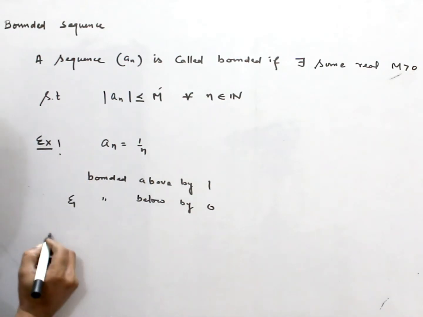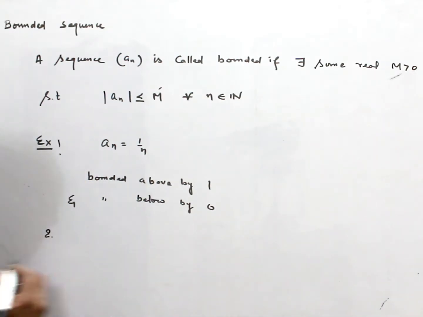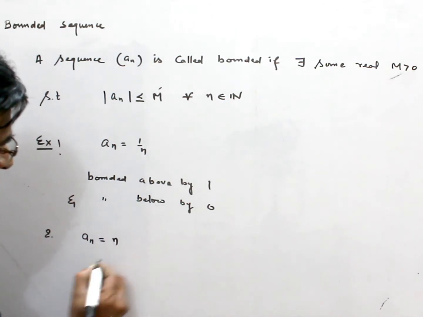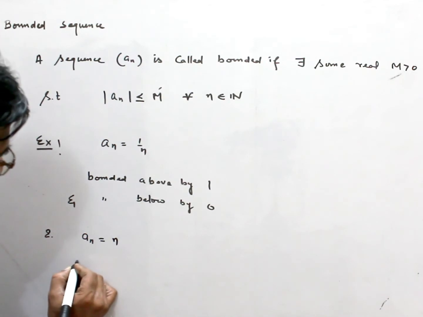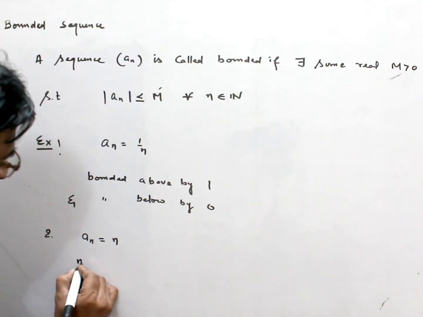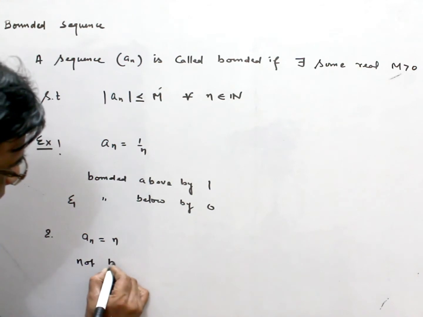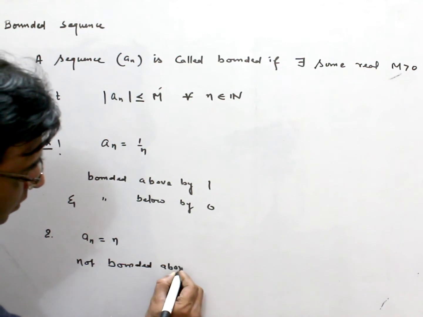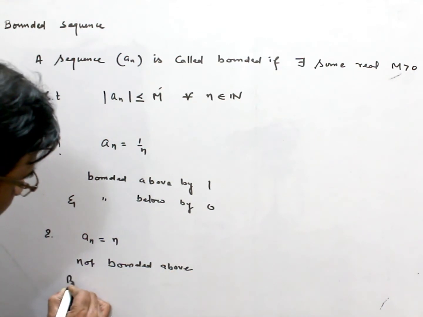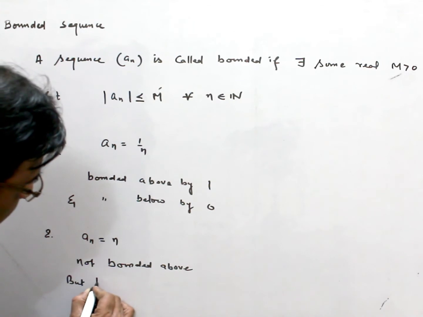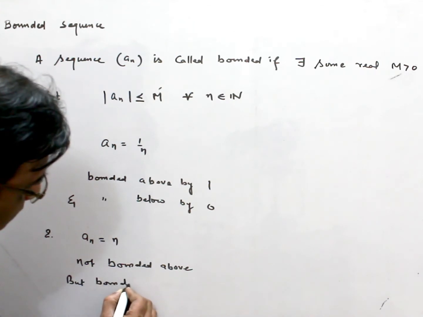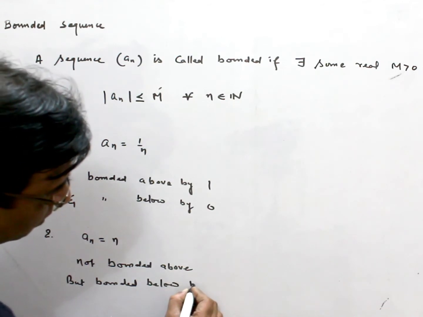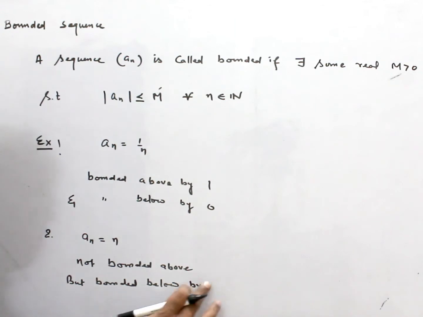This is one example. The second example, if I take a_n equal to n, this sequence is not bounded above but bounded below by 1.